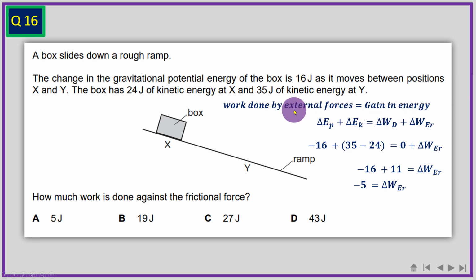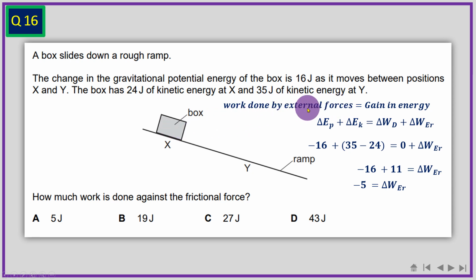The 2 types of external forces which could act on this object are the driving force and the frictional force. In this case, there is no driving force because this object does not have any kind of engine, and therefore the only external force acting on that object will be the friction force.